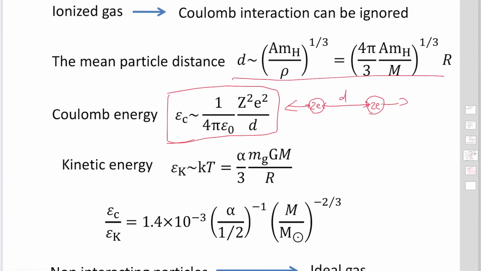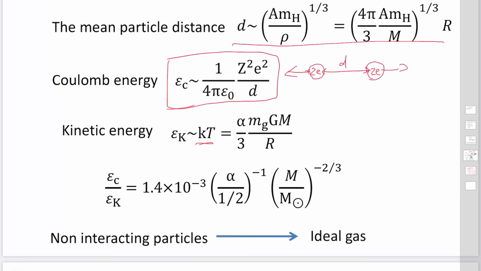And the kinetic energy is expressed as kT. kT can be calculated with the virial theorem, as when we studied average temperatures. We derived this equation using the virial theorem: alpha over 3 times m_g, the mass of the gas element, times G, the gravitational constant, times M, the mass of the star, over R, the radius of the star.